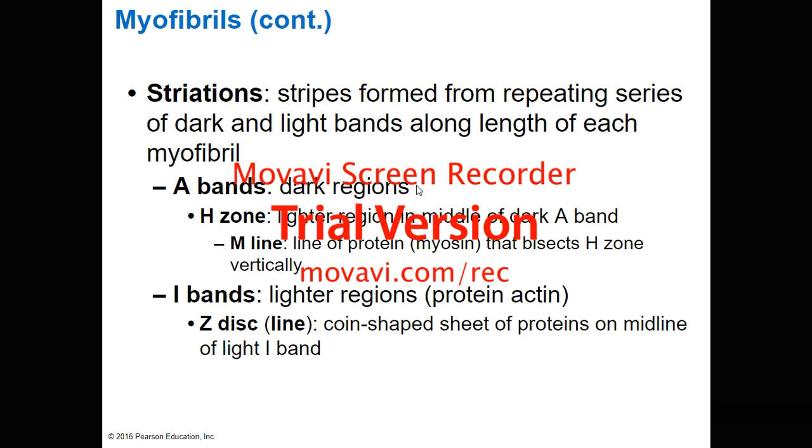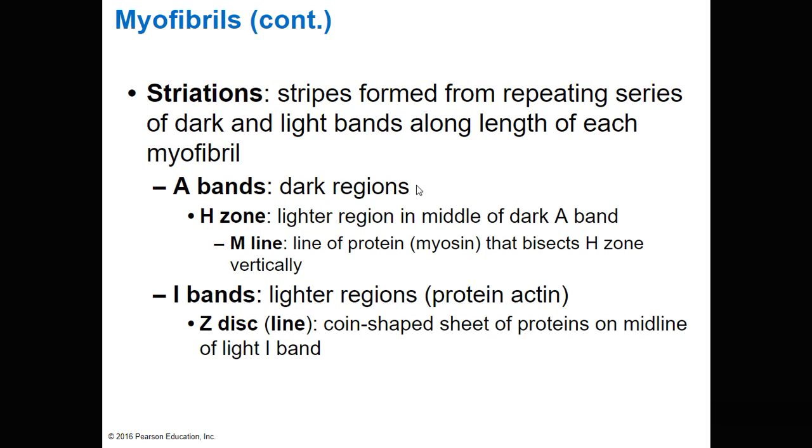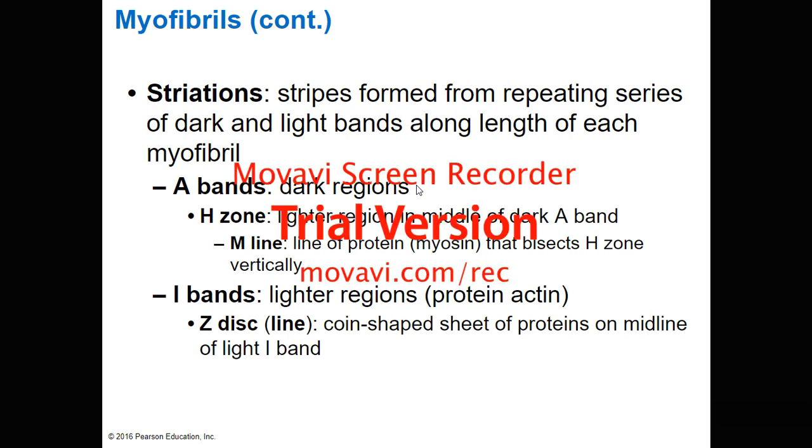But essentially the A band has thick filaments with thin filaments overlapping, and in the middle of the A band you have an H zone, which doesn't have any thin filaments in that area.